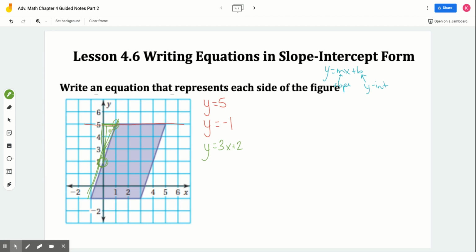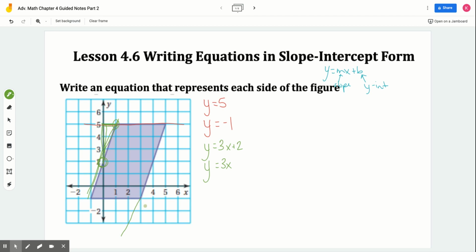Now, since the left and the right sides are parallel lines, they have to have the same slope. So we know that the right side is also going to have a slope of 3. We would need to estimate where that y-intercept would be if this line continues.